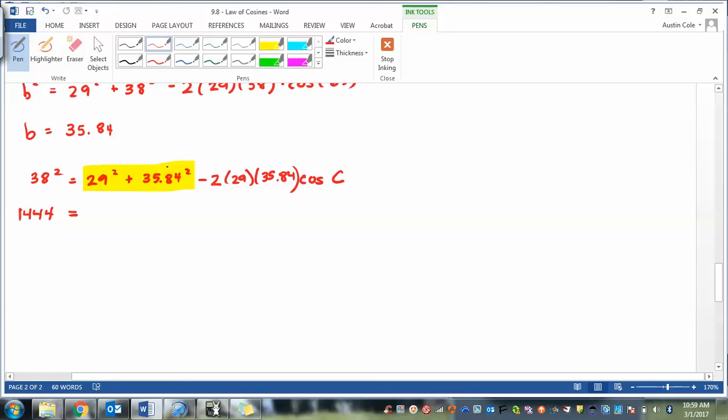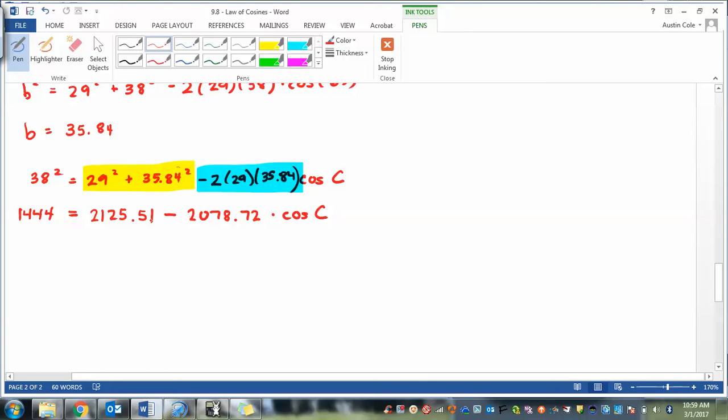This was 2,125.5056, so call it 51. And then I can type that into my calculator. What is it? 2,078.72 times cosine of C.